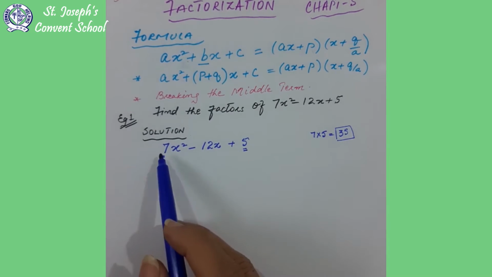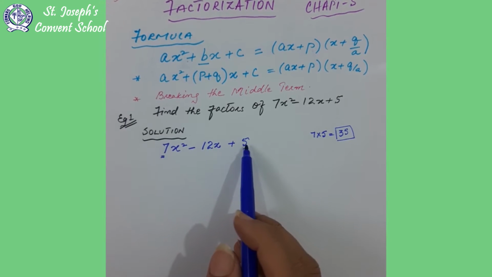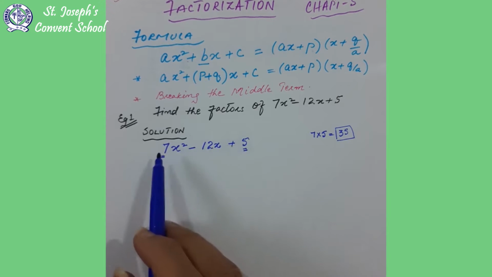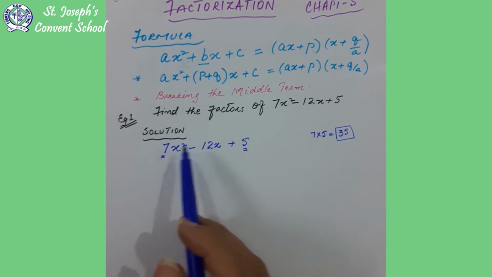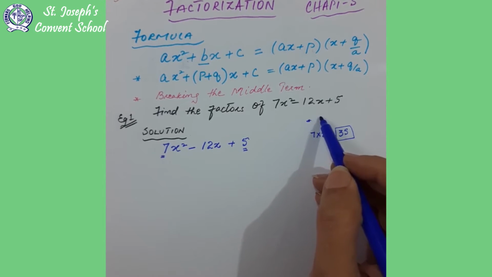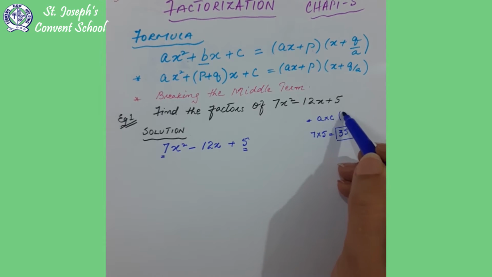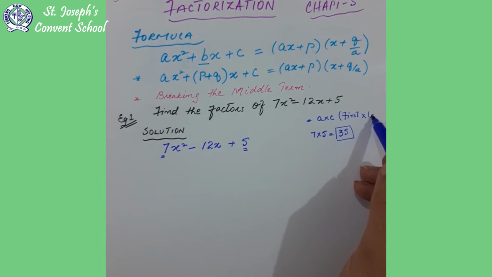First is 7, the coefficient of x square, multiplied by the last term. So what we are multiplying is actually a into c. This is the first step. A into c means first into last term.